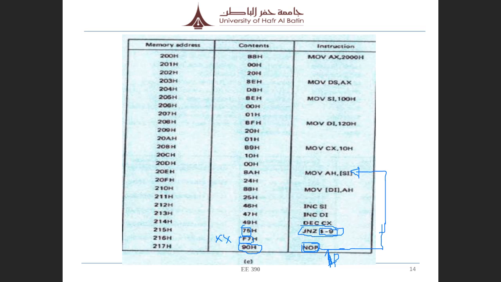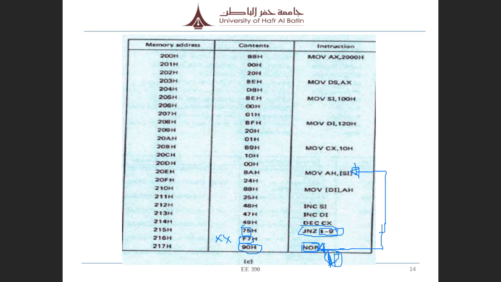So the next instruction is this one, NOP. So IP is indicating the next instruction. That means it needs a jump from this line to here, so the IP value needs a change from this location to this location.